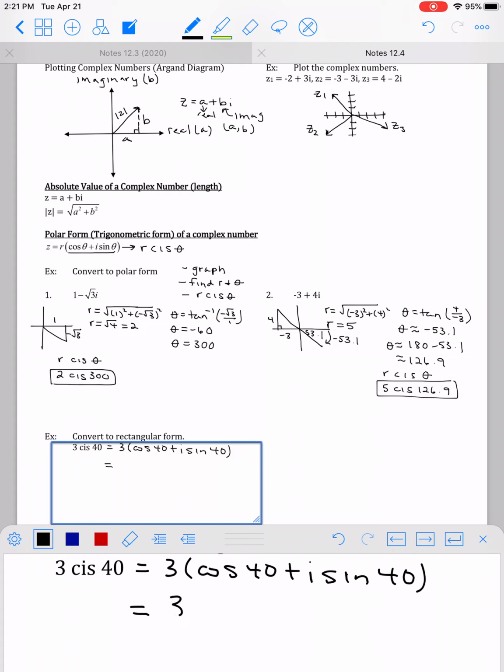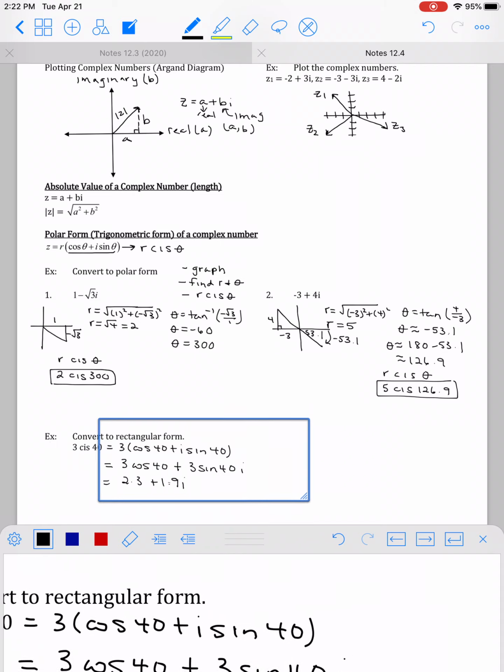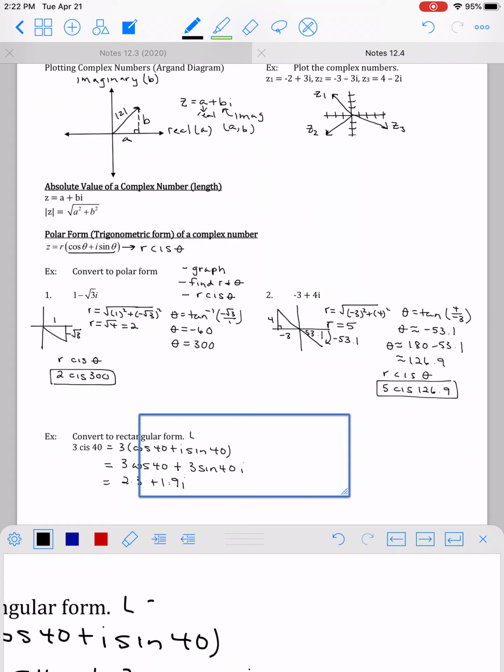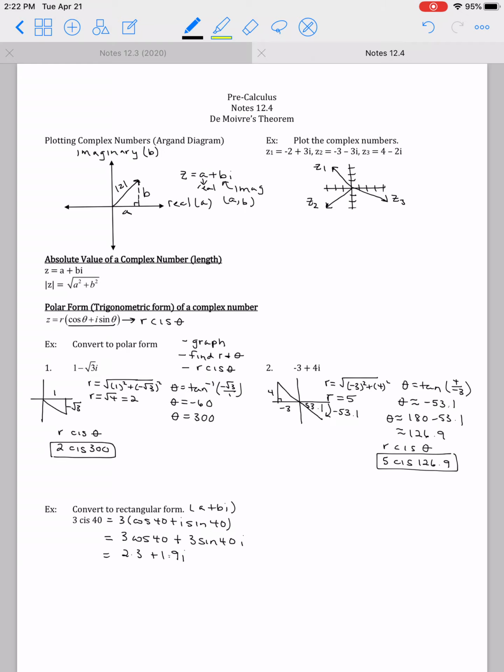So we're basically going to take 3 times the cosine of 40 plus 3 times the sine of 40, and then we're going to put the i after it. In your calculator, in degree mode, there's our final answer. So rectangular form is a plus bi, and polar form is r cis theta.